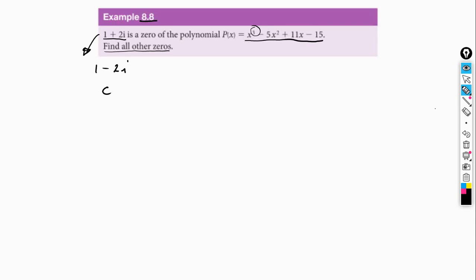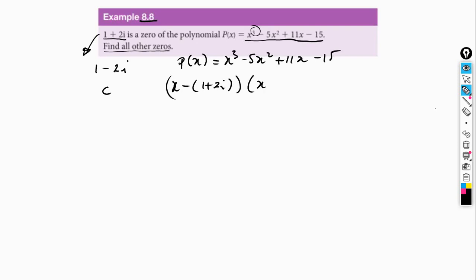So notice that if we have a polynomial, like p of x is equal to x cubed minus 5x squared plus 11x minus 15, this can also be written as the multiplication of x minus its zeros. So notice how we could write it as x minus 1 plus 2i times x minus 1 minus 2i, and this times x minus c.